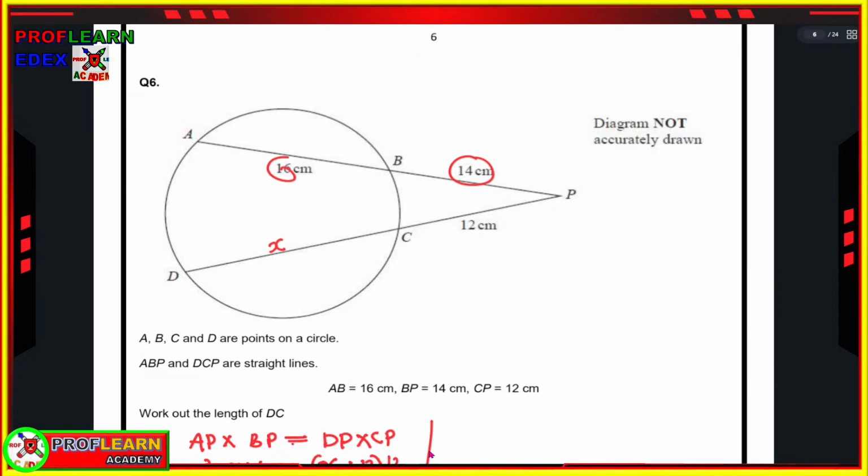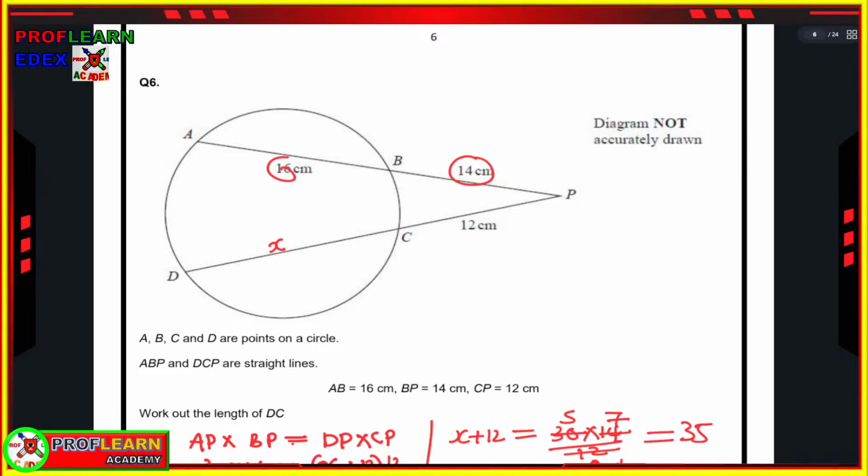So in order to find the value of x here, we are going to say x plus 12 is equal to 30 times 14 divided by 12. Of course, 6 goes here 2 times, 6 goes here 5 times, 2 goes here once, 5 times 7, and the answer becomes 35.